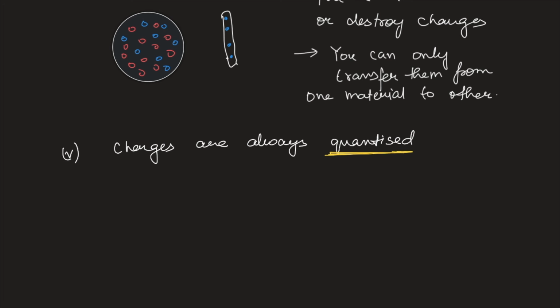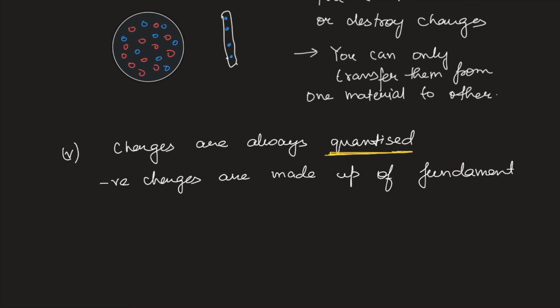Maybe in class 11th chemistry, and even in class 9th and 10th, you have learned that charges are made up of fundamental units. Let's say the blue charges, or the negative charges, are made up of fundamental units called electrons.